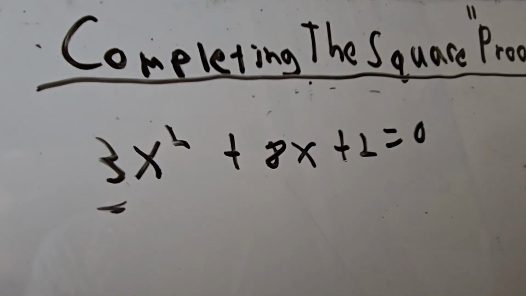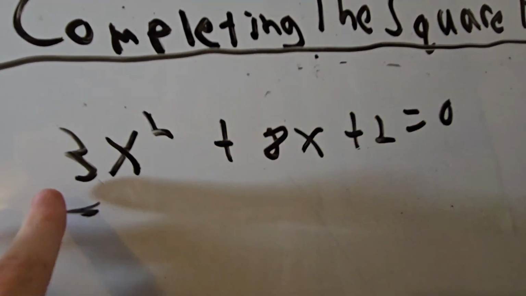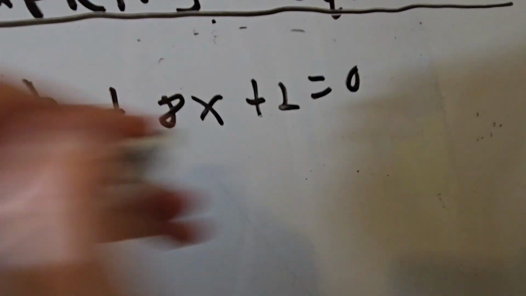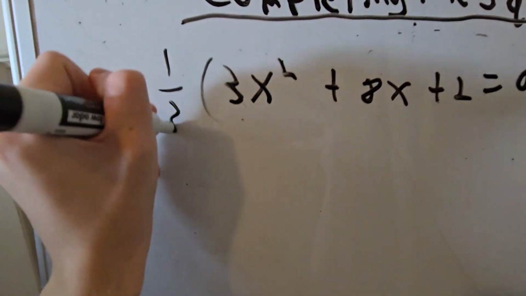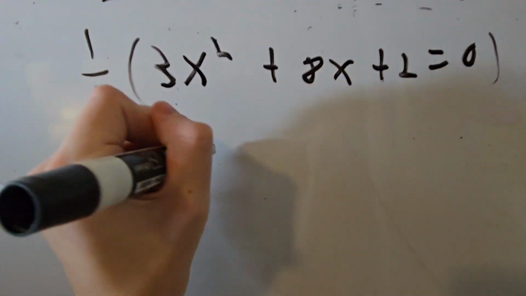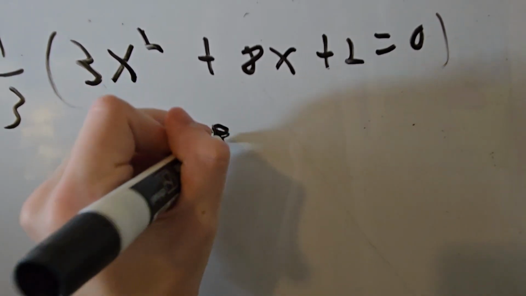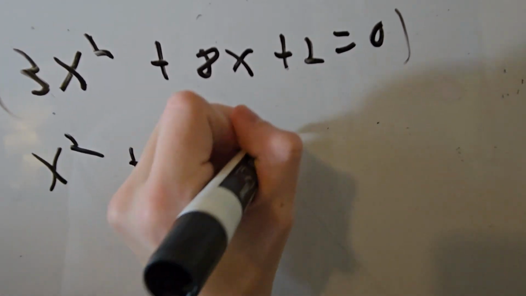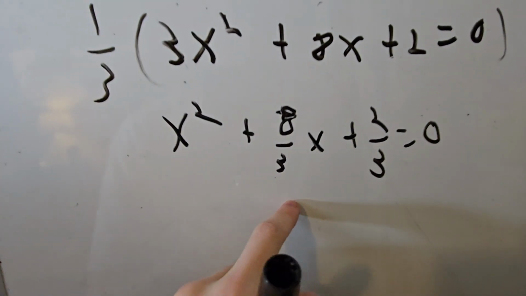So we're going to make it 1. Let's divide everybody by 3. So multiply the entire equation by 1/3. We're now left with x squared plus 8 by 3 x plus 2 by 3 is equal to 0.